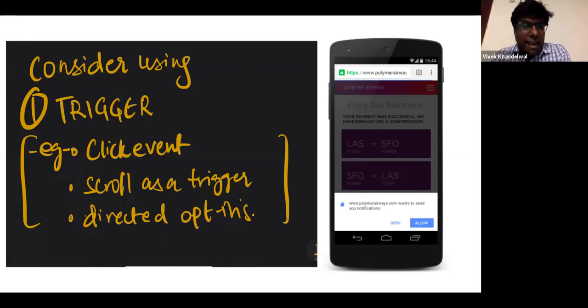The third one, which we already have in Izooto, is time spent on the page itself. If the user has spent, let's say, 15 or 20 seconds on a given page, you can just use that as a trigger and pop the question.